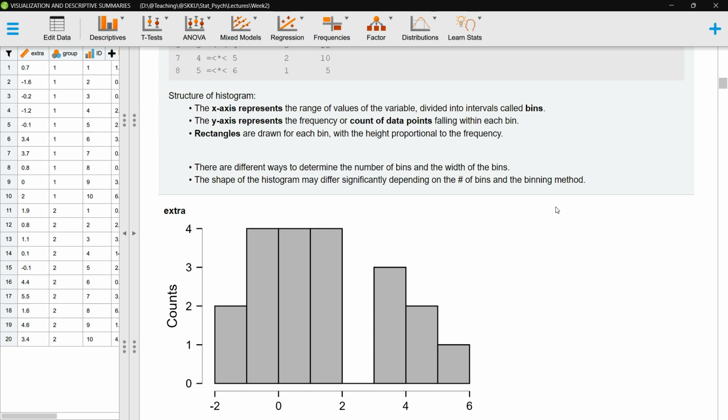So that is one weakness of the histogram. But in most cases, computer software automatically provides a reasonable shape of the histogram, so that's not critical.